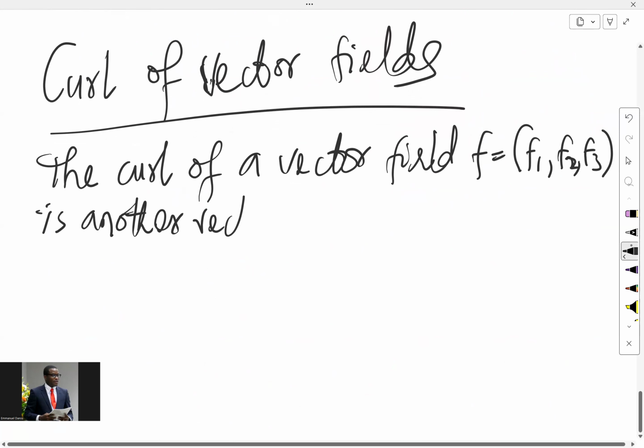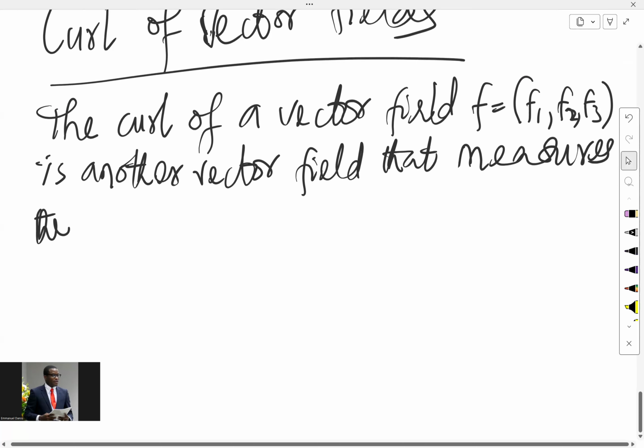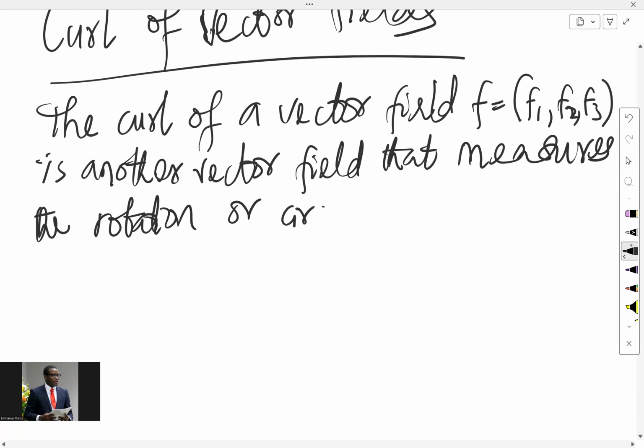So now the result you expect from here is a vector. It is another vector field that measures rotation or circulation at a point.